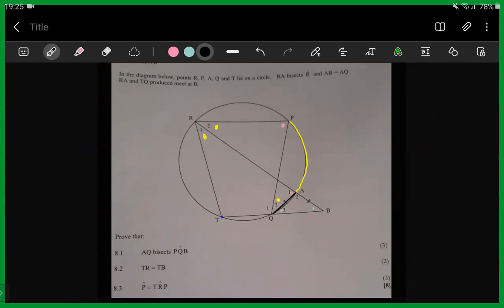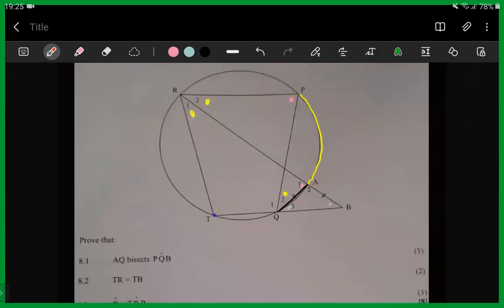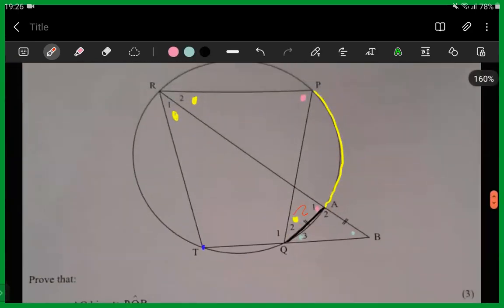But with this particular question, the one thing that stands out is that we have a cyclic quadrilateral. So we should not forget that we have an exterior angle here. This exterior angle, we know it's equal to this one.